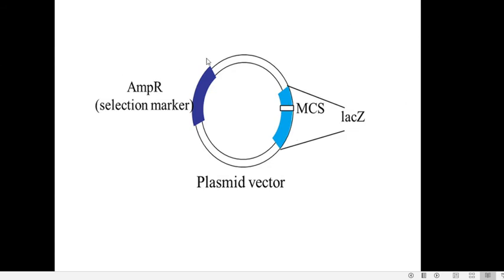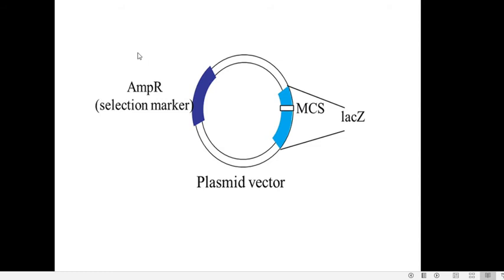We have one more gene which is called the ampicillin resistance gene. This gives resistance to E. coli cells against the antibiotic ampicillin. So you just imagine a host E. coli cell.